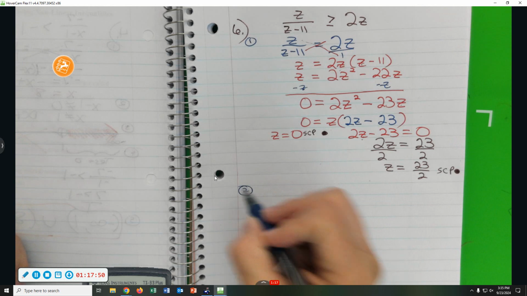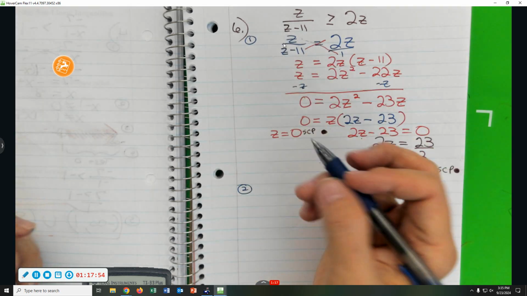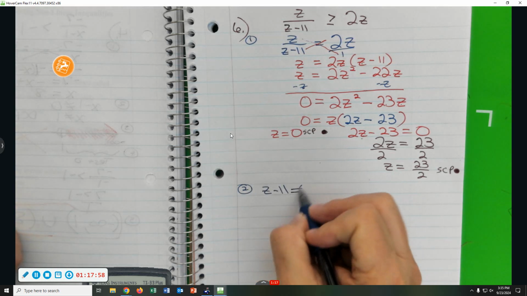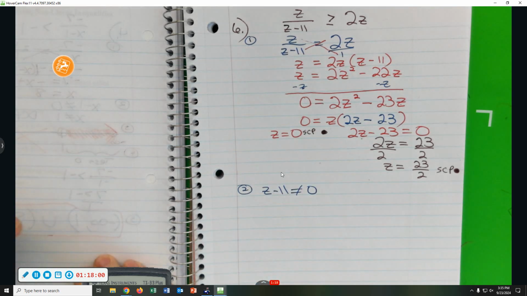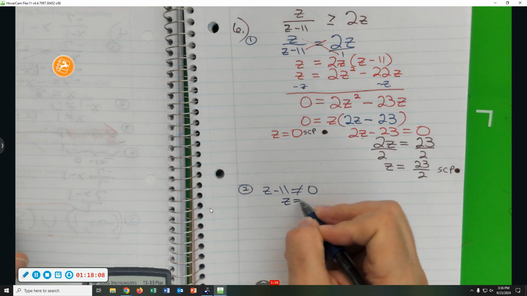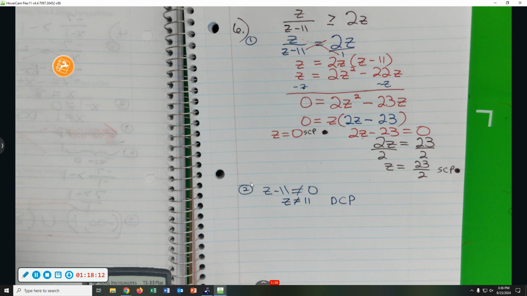When is that fraction undefined? When the denominator is 0. So we say z minus 11 cannot equal 0. What am I getting as my denominator cut point? That's my denominator cut point. Be careful.